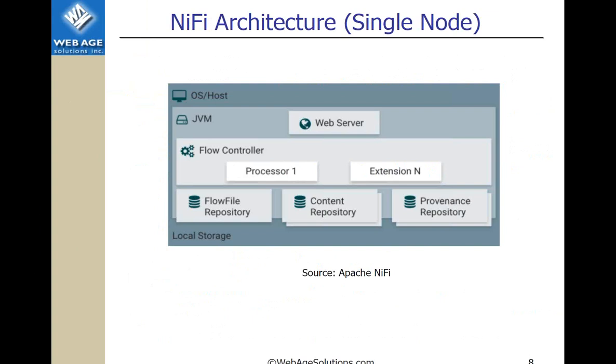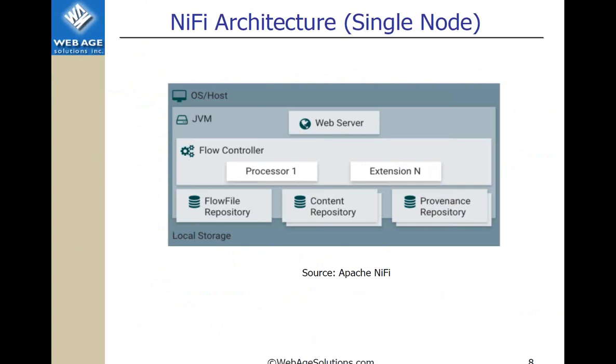Okay, we've got the flow controller. Essentially, this is the actual messaging bus, where you can connect one processor to another or to external, remote controllers. So you've got the flow file repository where the message is essentially indexed, and the actual message, while it gets persisted, sits in the content repository.